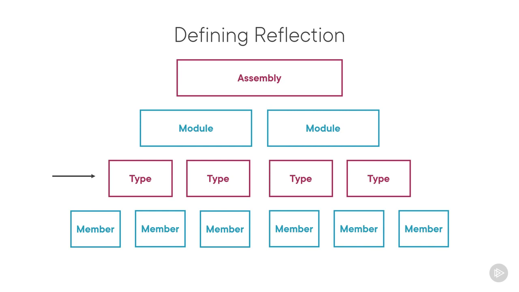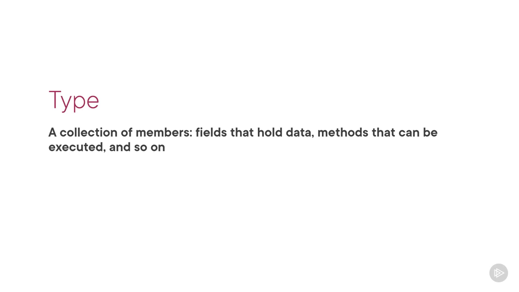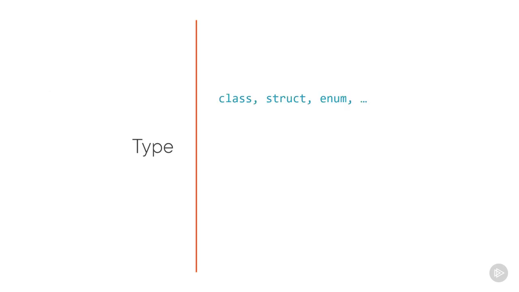A module contains types. But what's that then? You can look at a type as a collection of members, fields that hold data, methods that can be executed, and so on. A class is a type, a struct is a type, an enum or enumeration is a type, and so on.